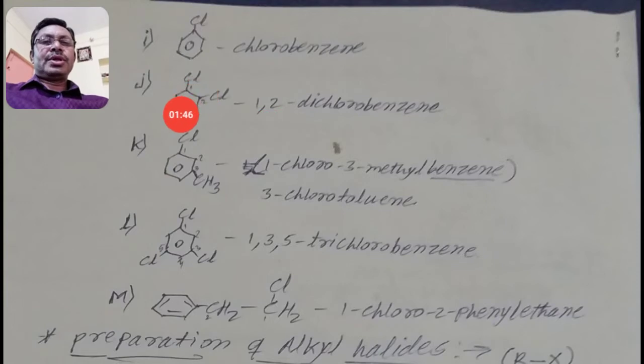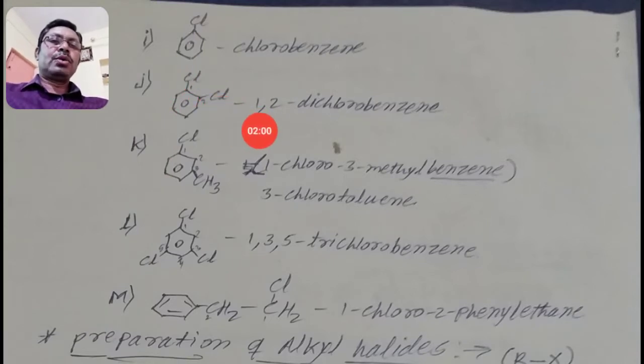Give the position first to the first chlorine atom and then the second, that is 1, 2. Both halogen atoms are the same, so we give the numbering 1 comma 2.